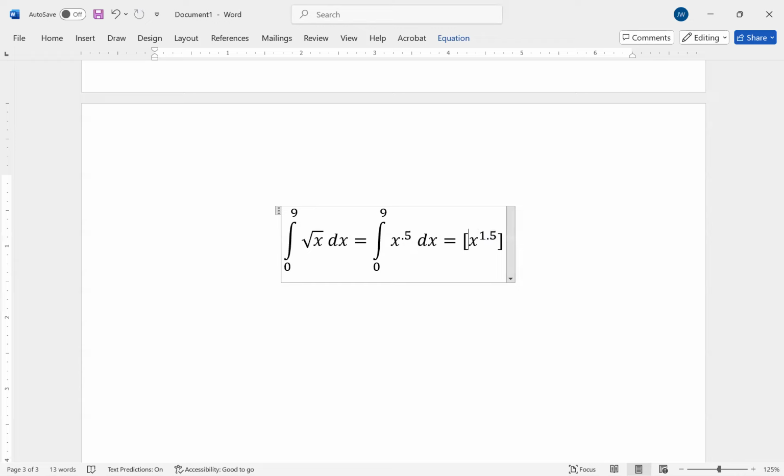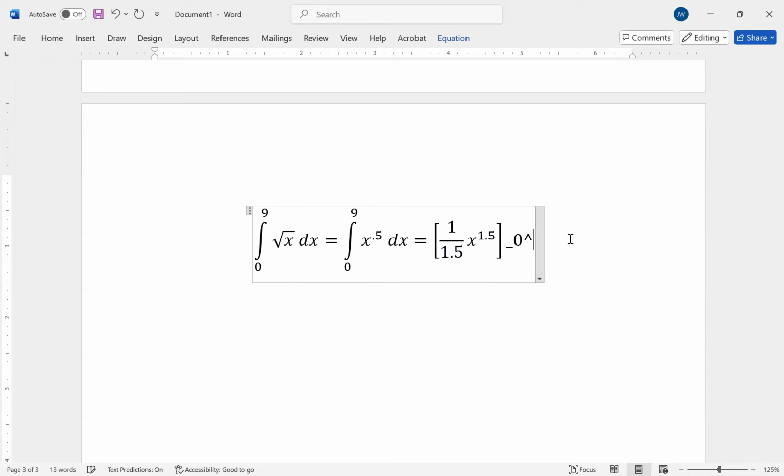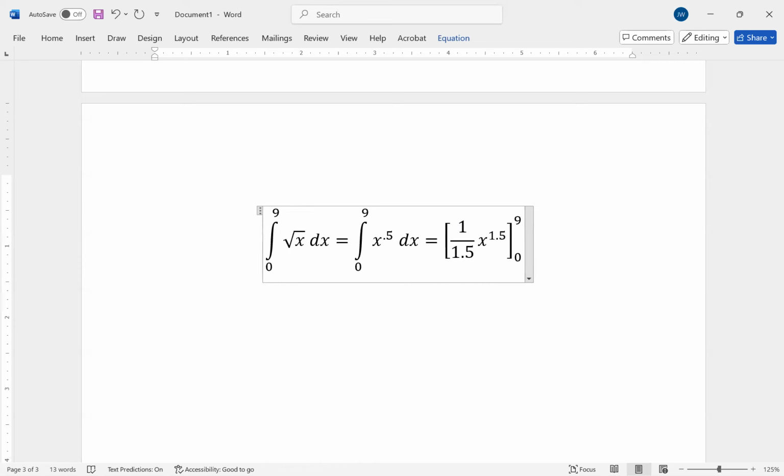And then 1 divided by 1.5 is 2/3. You could either write 1 over 1.5 or 2/3. Either way is perfectly fine. I'll use that way. I'm going to plug in 9 and 0. And so that's what we do.